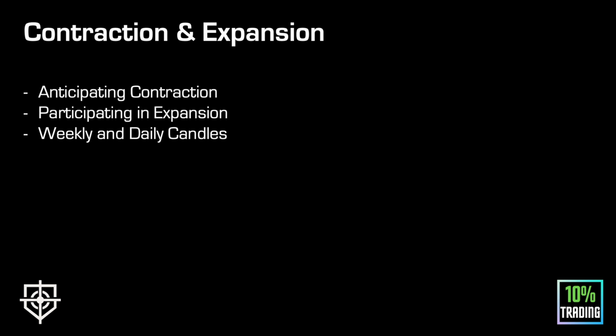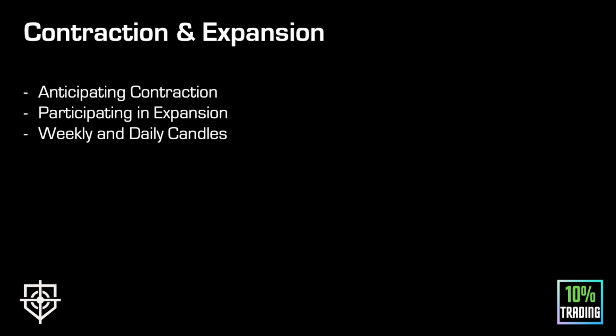Your weekly bias, knowing where the next coming weekly candle will go, and your daily bias, knowing where the next day will go. And for both of these candles, again, we will get into a lot more detail and break it down to see how to anticipate contraction, see where it could go, and then how to know that the expansion has begun, using logic.